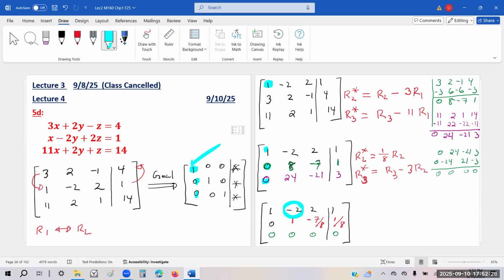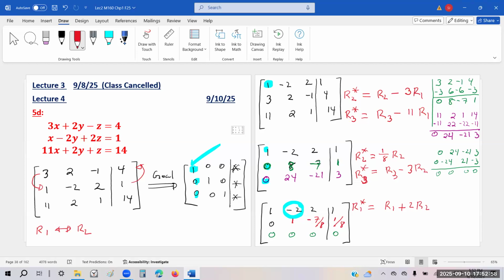So what operation should we use this time? The new row 1 will be what? The current row 1, and then what are you going to do? How can you make the negative 2 into 0? Good job. Current row 1 plus twice this row 2.